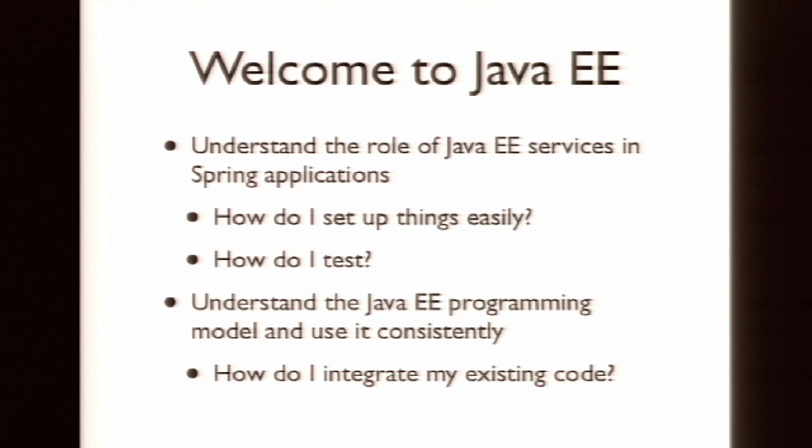But then what I always found hard is when people move from a Spring plus Tomcat environment into a more Java EE aware application server and start asking questions: how do I set up things easily? How do I configure my application to take advantage of services? How do I write tests? How do I migrate my existing code? What do I do with the existing code? Because greenfield applications are rare.